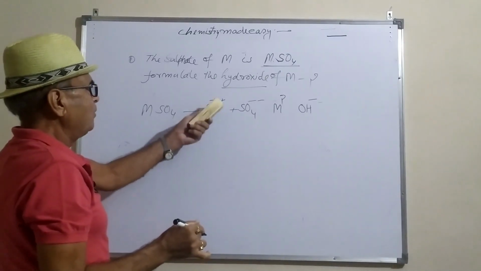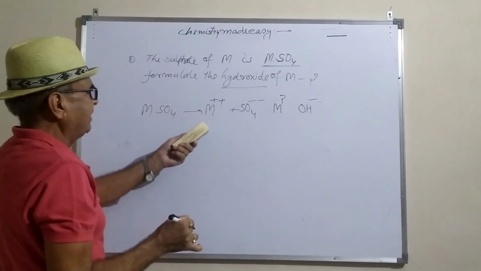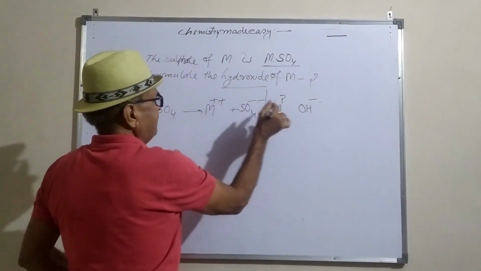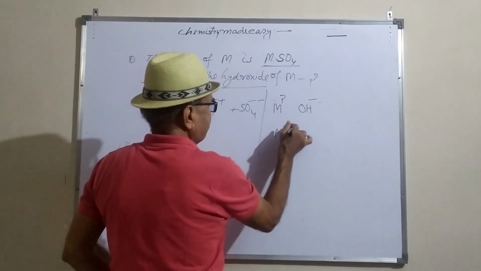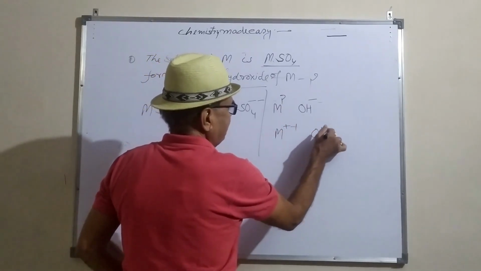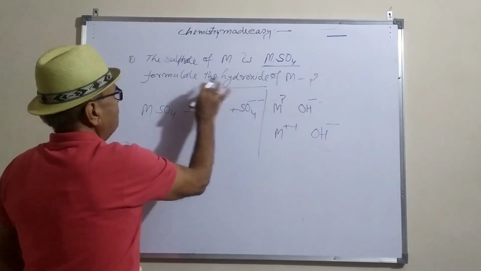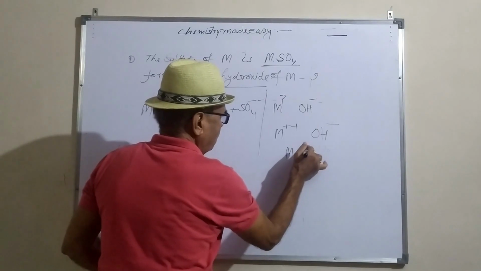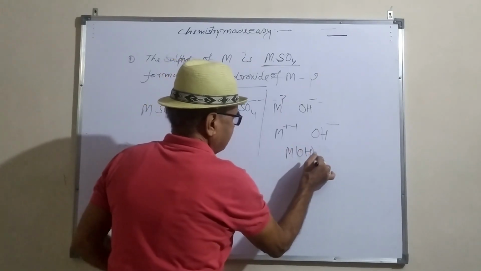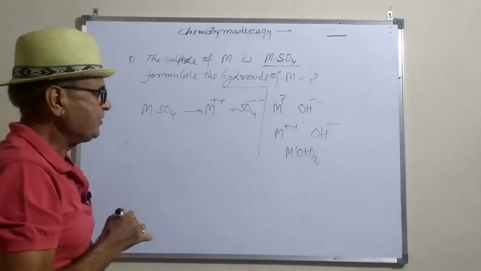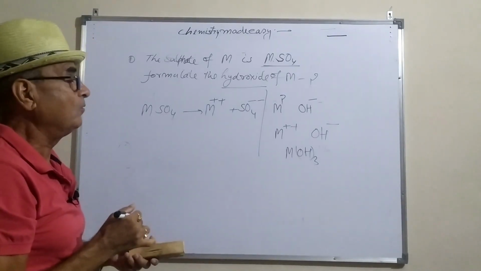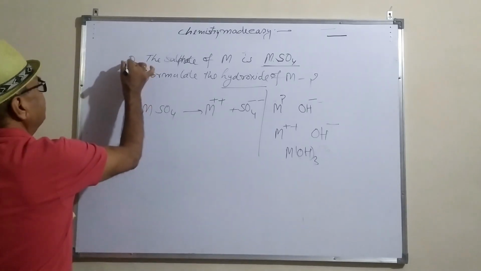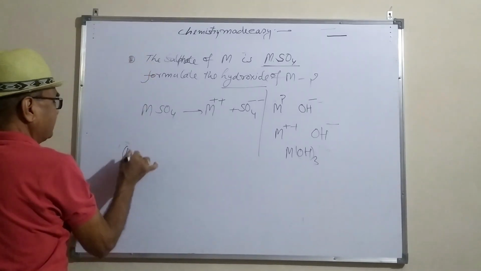So M is double positive, and OH is one negative. So the formula of the hydroxide of M will be M(OH)2.